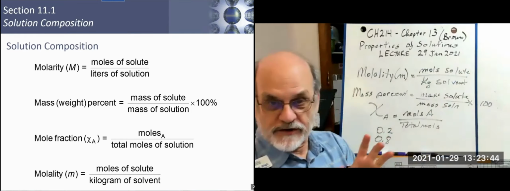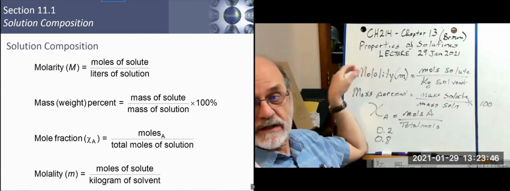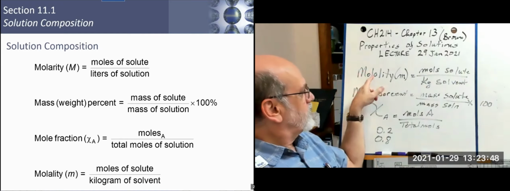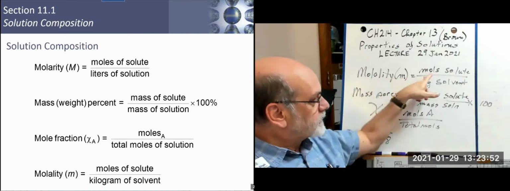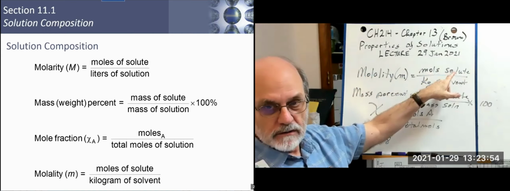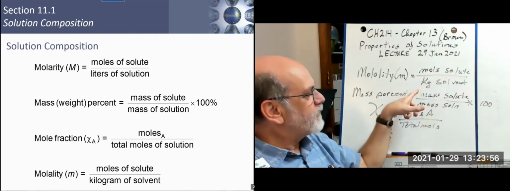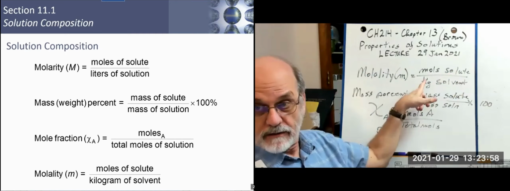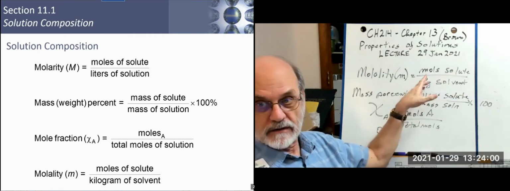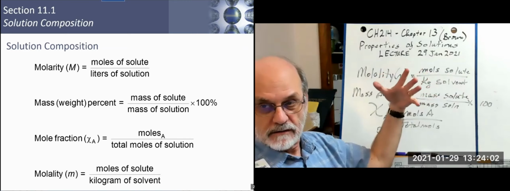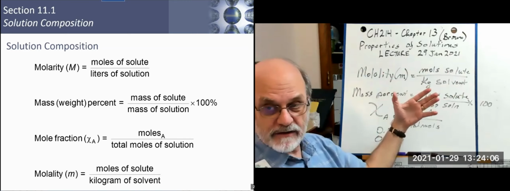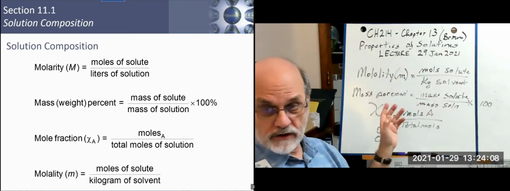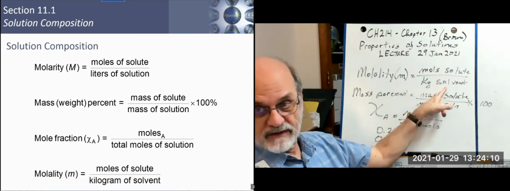So there are 2 differences between molarity and molality. When we move to molality, we're still talking about moles of solute, but we're referencing it to a mass of the solvent. And it's not the mass of the solution, it's the mass of the solvent.